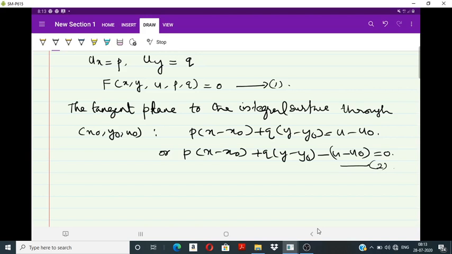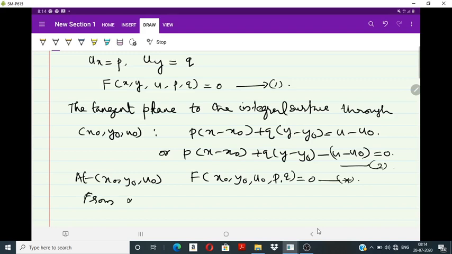Now we have the nonlinear equation as f of x, y, u, p, q equal to 0. So at x naught, y naught, u naught, this PDE becomes f of x naught, y naught, u naught, p, q equal to 0. Call this star. From that we can see that here p and q are not independent.